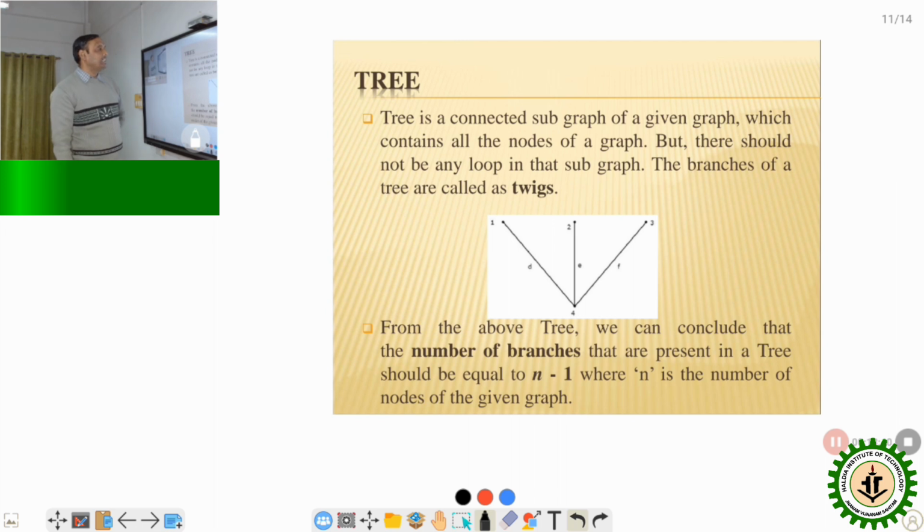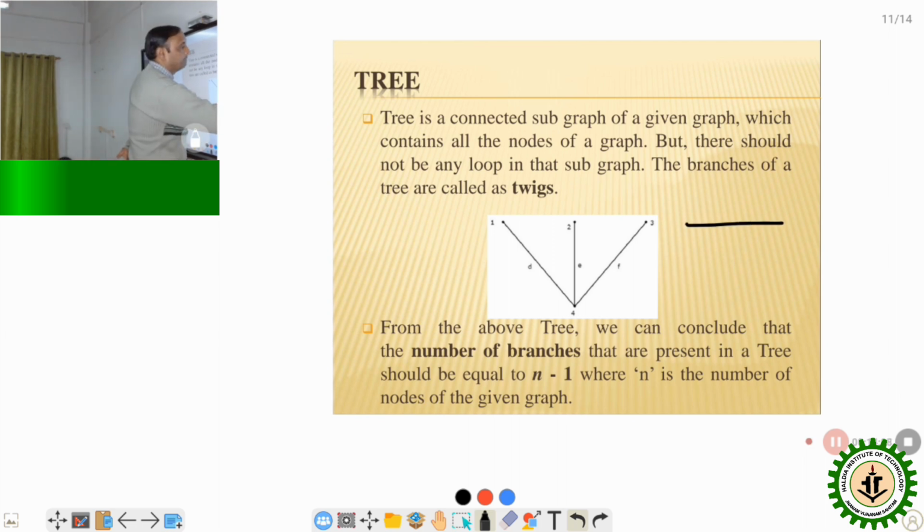So this example is indicating the tree. Here we can see node 1, node 2, node 3, node 4. That means all the 4 nodes are there like the original graph. But in this particular subgraph, no closed loop is present. So it is a tree. It is not mandatory that only this one will be a tree. So this is also a tree.